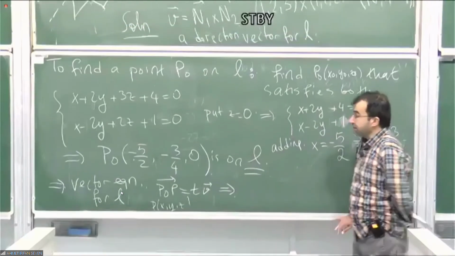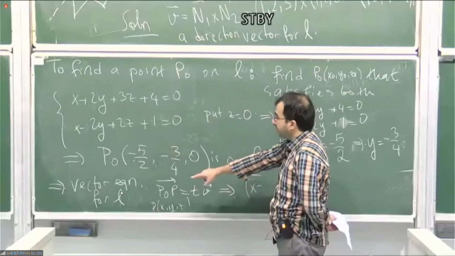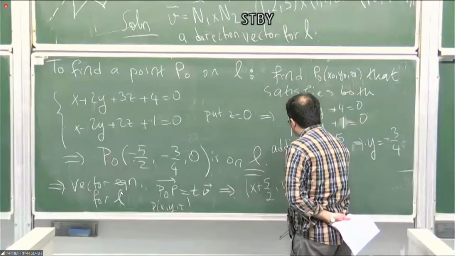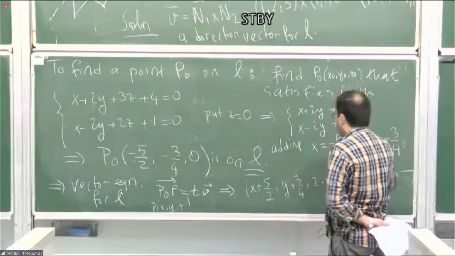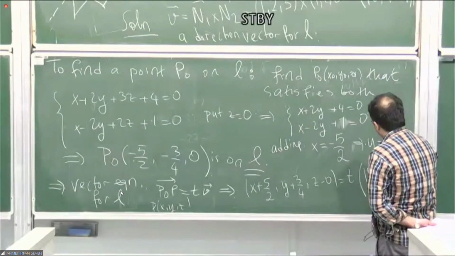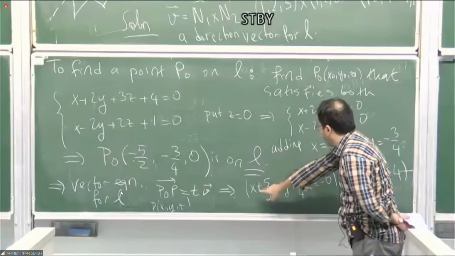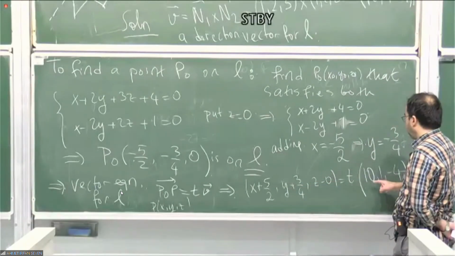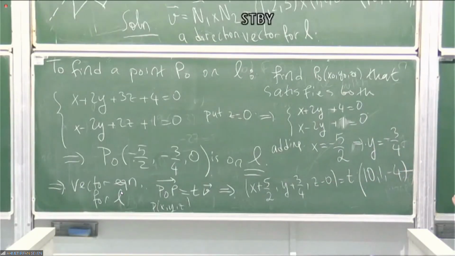Let's write components. The components of P0P will be P minus P0, so x plus 5 over 2, y plus 3 over 4, and z minus 0, equals t times V. V is (10, 1, -4). Then x equals minus 5 over 2 plus 10t, y equals minus 3 over 4 plus t, z equals minus 4t. You can write these symmetric equations.